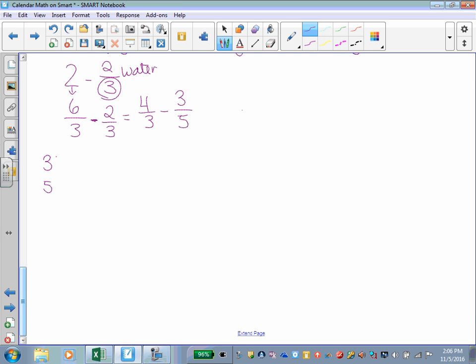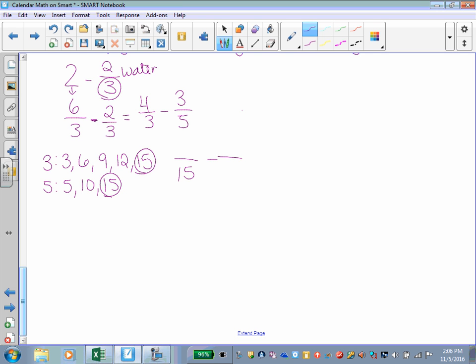If you look at 3 and 5, 3 times 1 is 3, 3 times 2 is 6, 3 times 3 is 9, 3 times 4 is 12, 3 times 5 is 15. And then 5 times 1 is 5, 5 times 2 is 10, 5 times 3 is 15. So our lowest common multiple is going to be 15.